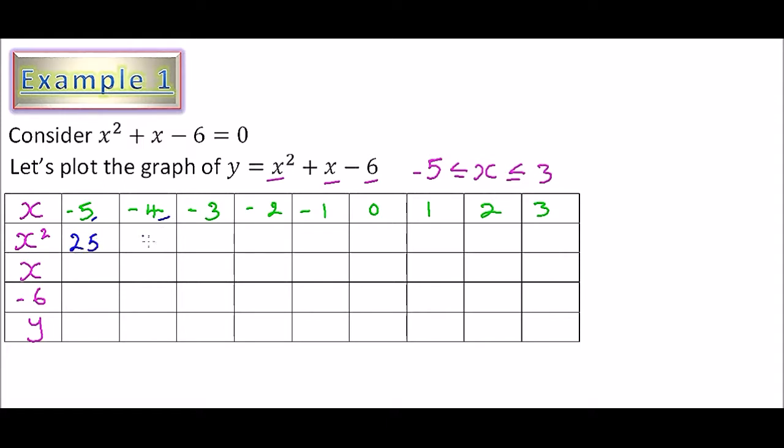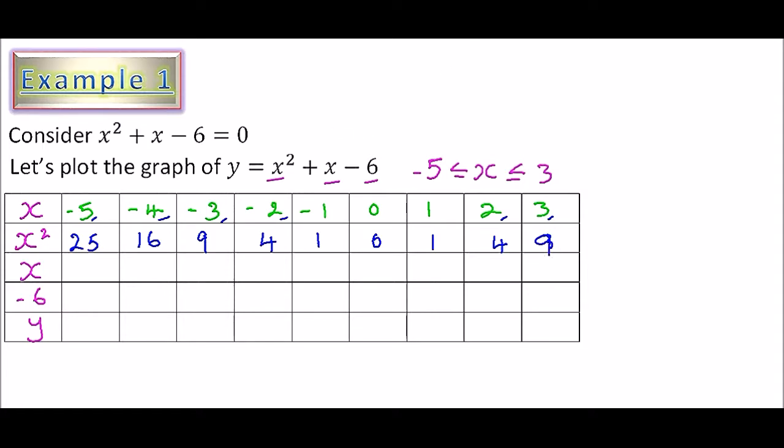Minus 4 squared we get positive 16. Minus 3 squared we get 9, positive. Minus 2 squared we get 4. Minus 1 squared we get 1, 0. 1 squared is 1. 2 squared is 4. 3 squared is 9.